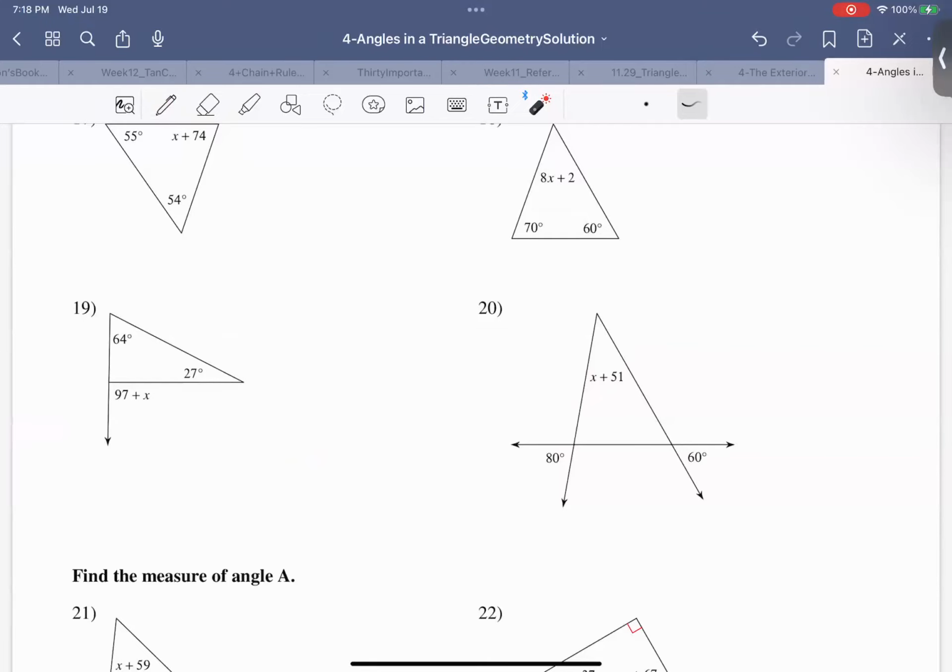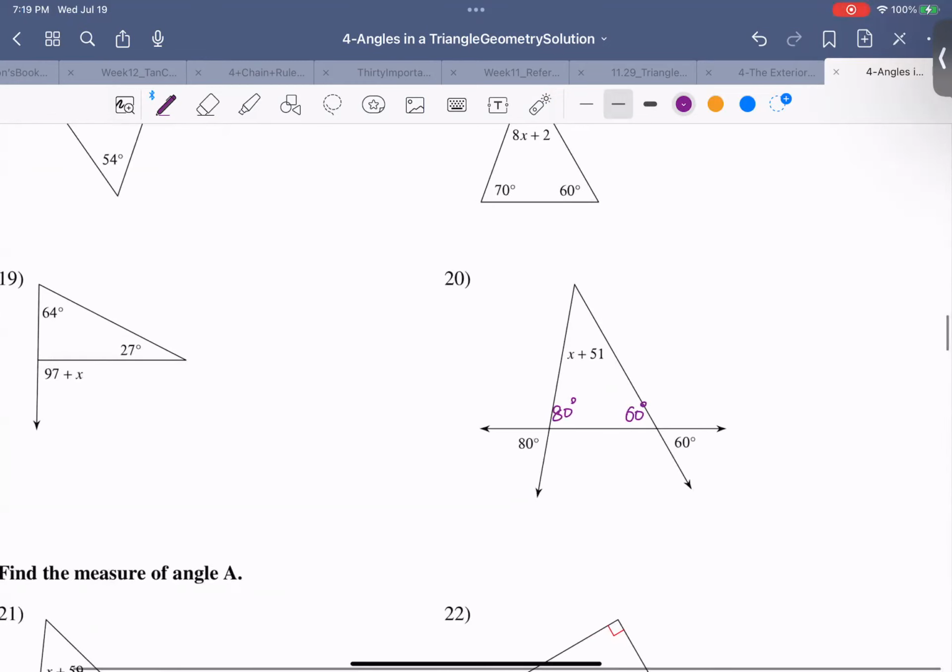Since you can put the vertical angle, you can switch. 80, that's a good starting point. 60, thank you. Then you add all of them up, equals 180, and just find x. 80 plus 60 is 140.